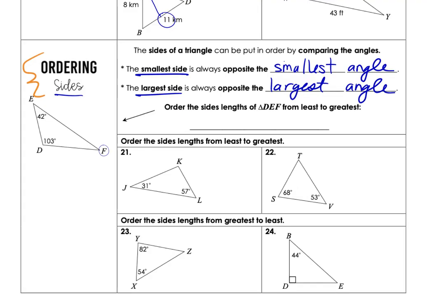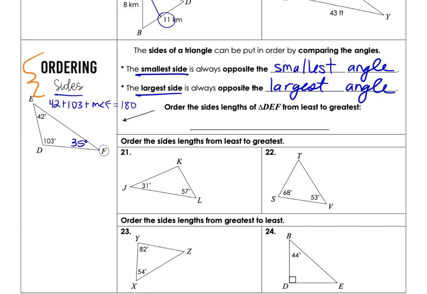So same idea, just kind of the converse of it, if you will. So you're going to start by taking a look at your numbers, 42 and 103, and the measure of angle F should add up to 180. So you're going to go 180 minus 42 minus 103, and you get 35.